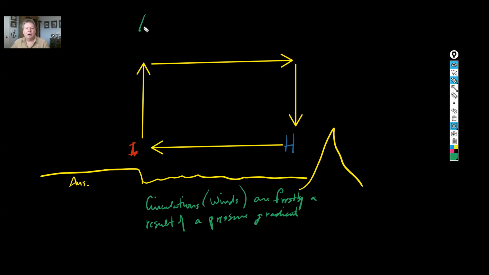So this is what we call the Walker cell, which is east to west, or we call that zonal. So the term is zonal, which is east to west. Okay, that's just an important word that we use in meteorology. Anything that's going west to east, east to west, from one longitude to another longitude, is going to be known as a zonal circulation.